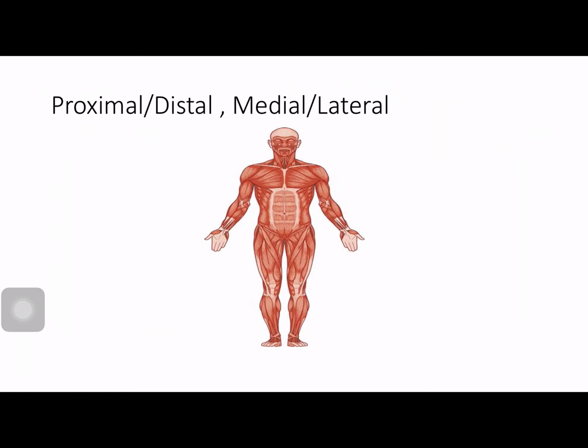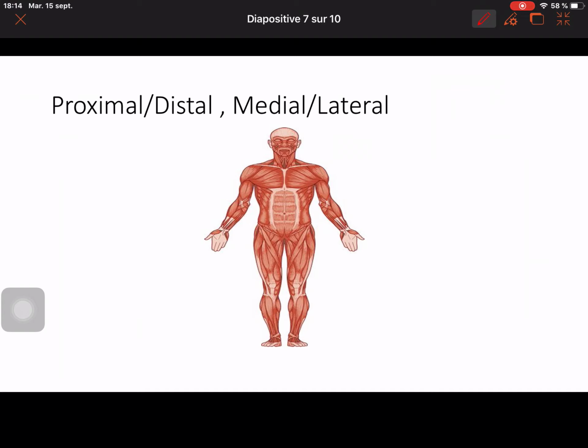Now let's move to proximal distal and medial lateral. When we say something is proximal, it is everything closer to the origin. Okay, closer to the origin of something is proximal. The distal is everything further than the origin.